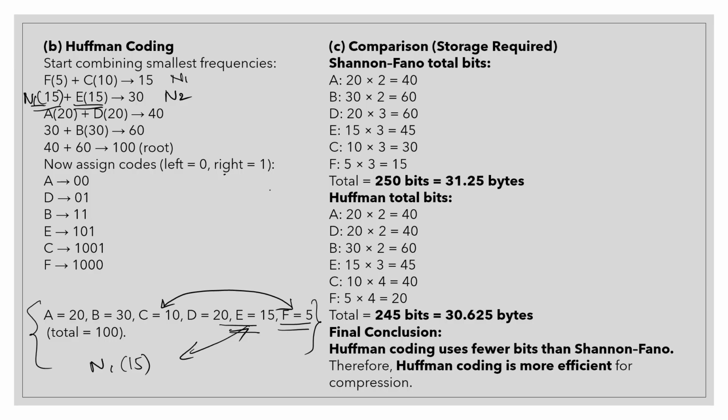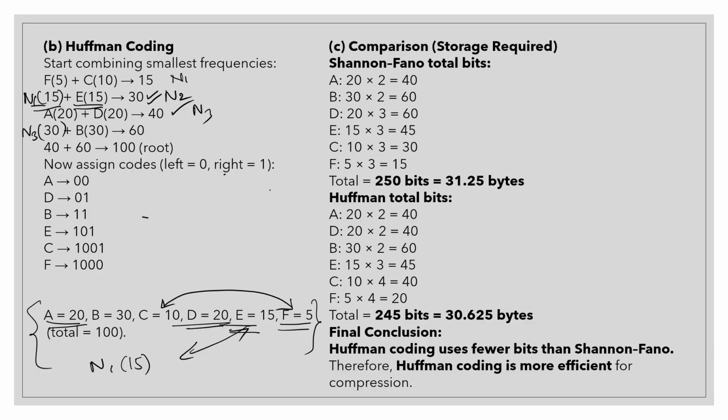This will be really helpful when you are forming the tree. Then you have A of 20, D is also 20. That is the next smallest. Now you have 30 here. Now the next smallest will be 20. So you get a node N3 of 40.